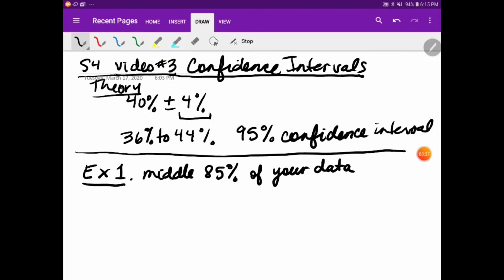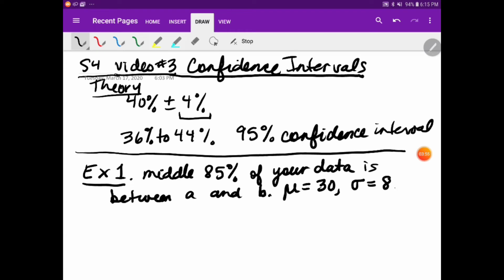Middle 85% of your data is between A and B. And then it gives you mu equals 30, sigma equals 8, and n equals 25. So n is a new letter that we haven't seen before.